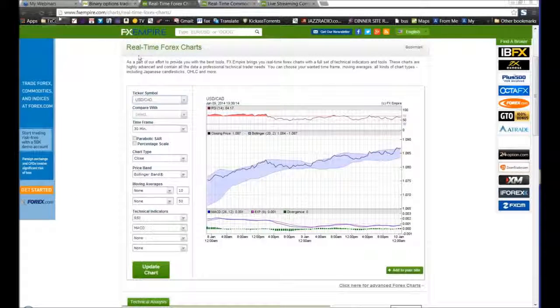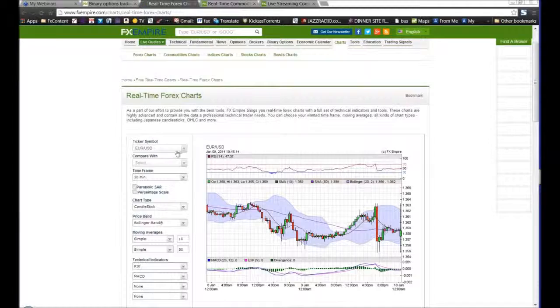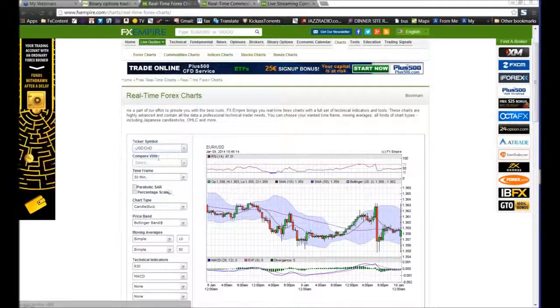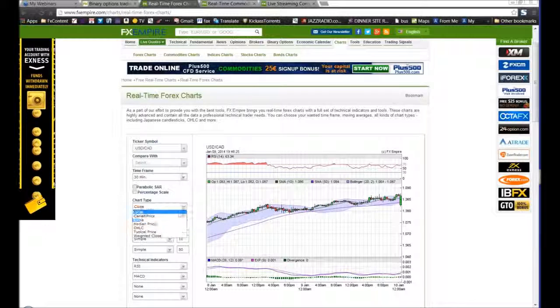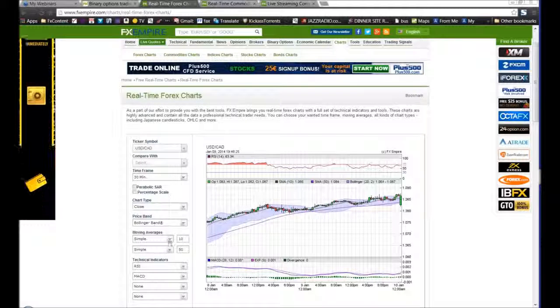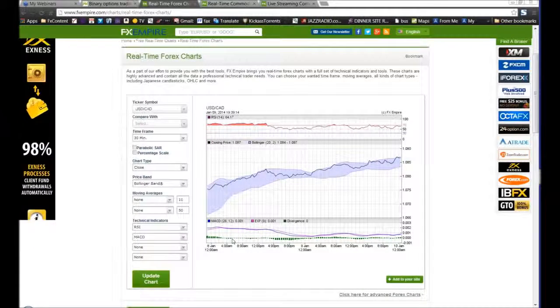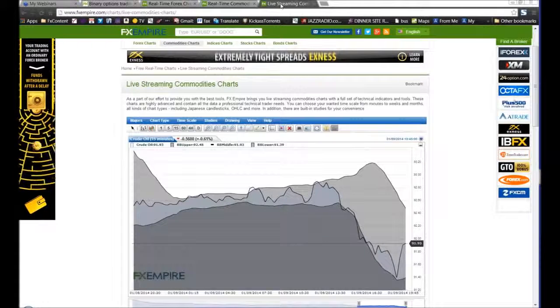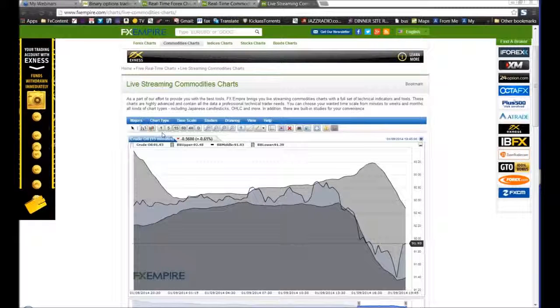Let me just update this for us here. Okay, the Canadian dollar is still hanging in there, very, very close to that upper band. So I would keep a very close eye on the Canadian dollar. And the natural gas is all over and done with.